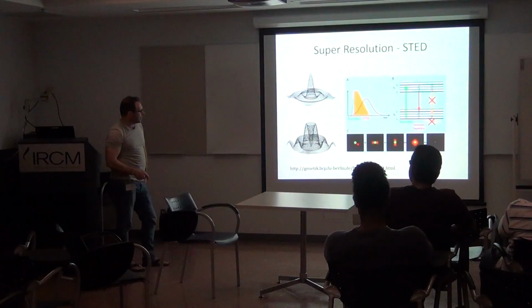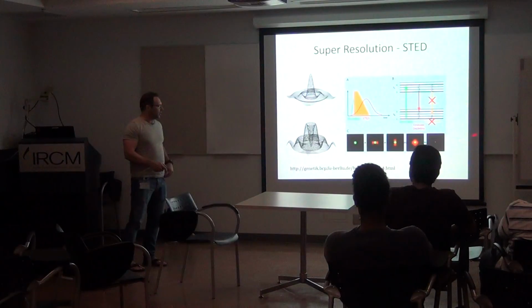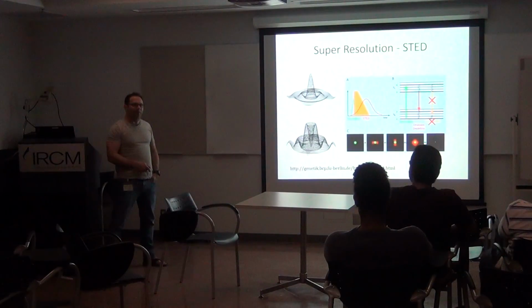It excites at a certain point in space, and then it uses kind of a donut, which will deplete the probes all surrounding the focus, and it ends up with only a few particles, a smaller region, that can produce your fluorescence, and this is how you get better resolution.